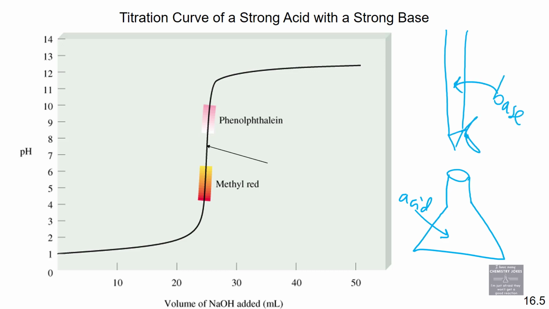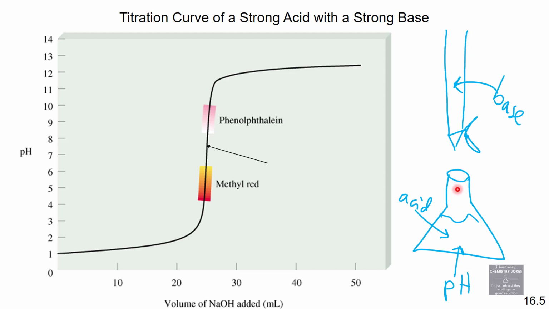That's because I'm measuring the pH of this solution. So it's the pH of the Erlenmeyer over time. So that Erlenmeyer will become more basic over time as you drip, drip, drip more base into that thing.